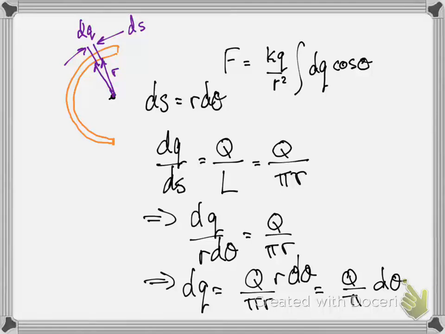So let's plug that dq into the equation above. The net force on my test charge, which I never drew back in this picture, is kq over r squared times the integral of dq, which is now q over pi d theta, times the cosine of theta.